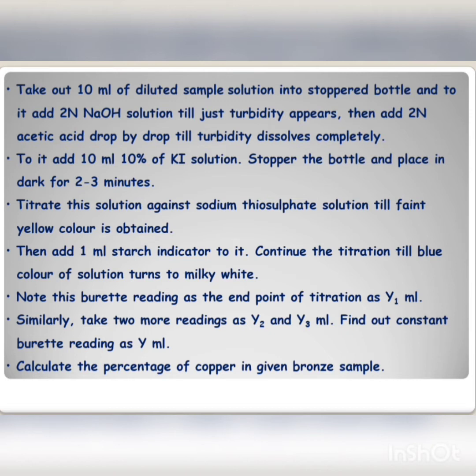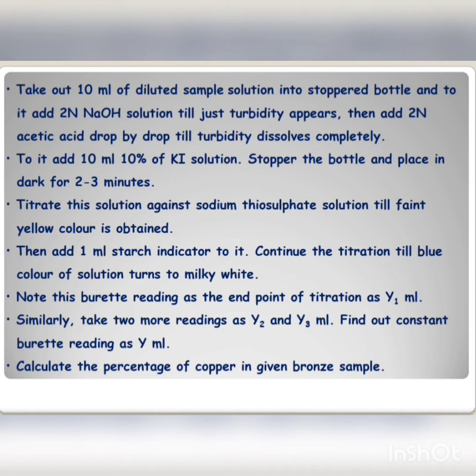Bluish colored turbidity appears, and that is nothing but copper hydroxide, which is formed by addition of NaOH. NaOH neutralizes the solution, and at an alkaline pH we will get a copper hydroxide precipitate.